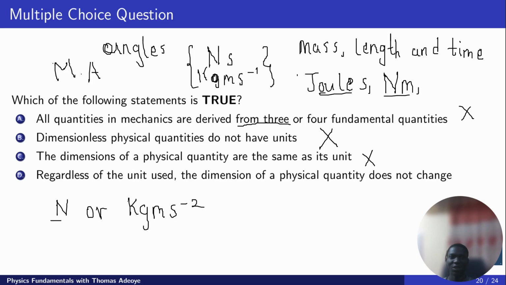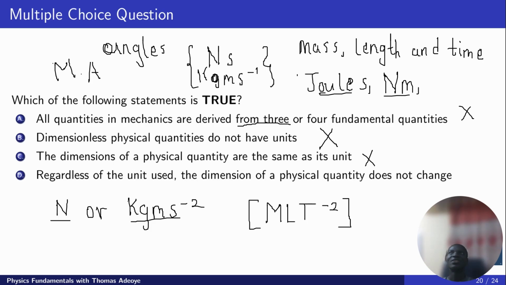So either we use this or we use this. Regardless of the units that we use, the dimension of force remains M L T to the power minus 2. So the unit does not affect the dimension.